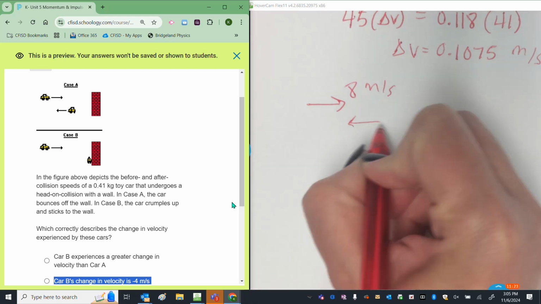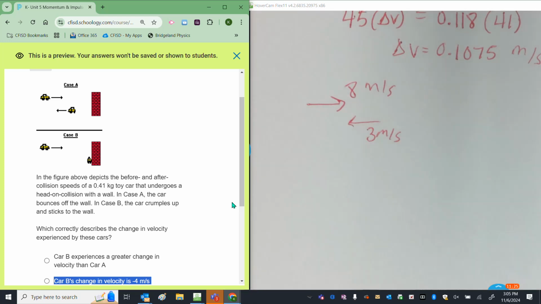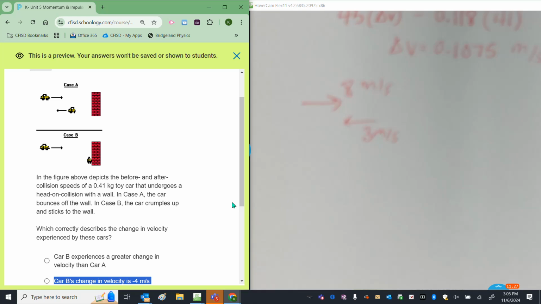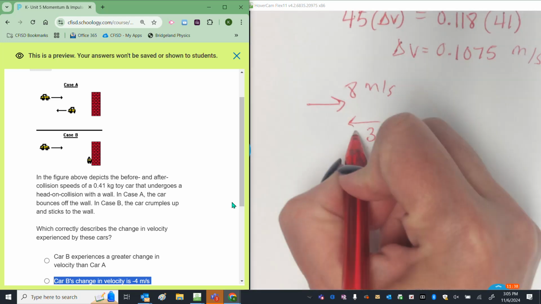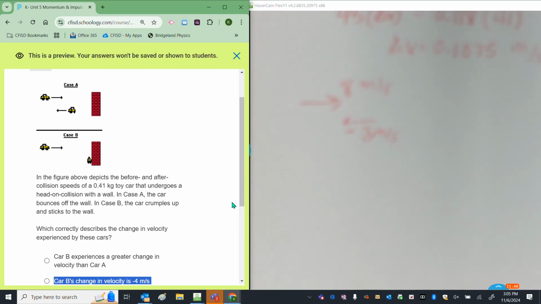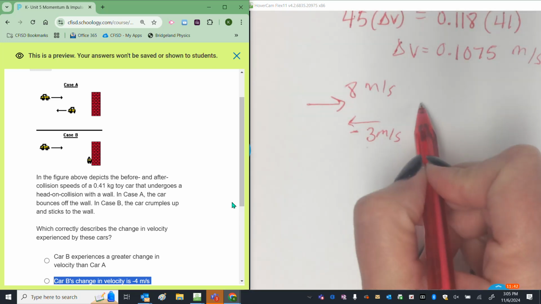And now it's going 3 meters per second. Okay, this is not a change of 5. It's not 8 minus 3, that's not what it means. Because this isn't 3, it's -3. This car doesn't just go from 8 to 0, it goes past that.